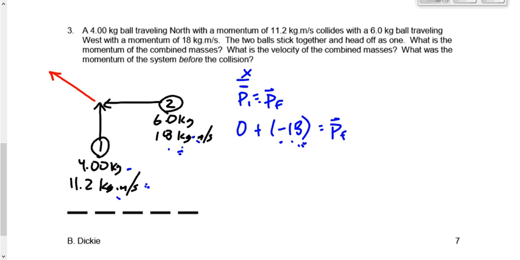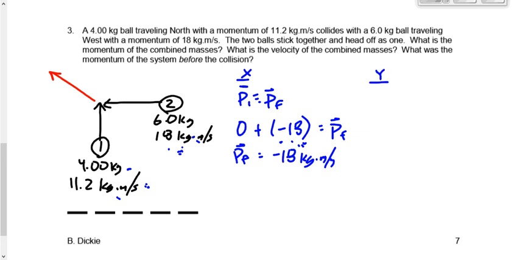Okay, so the final momentum X component is negative 18. You could have said M total times VF and then solve for VF instead of PF. Whatever, that's fine. I found final momentum, you found final velocity, doesn't really matter.